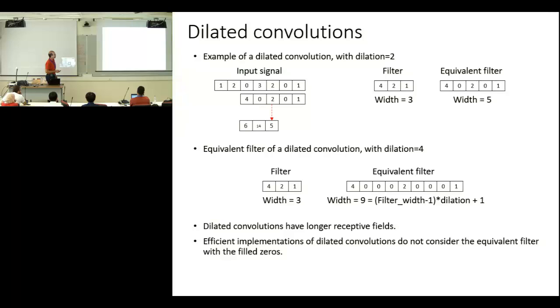In order to have the same effect without doing the unnecessary multiplications, we use a trick which is called dilated convolutions, so that we only multiply this with this, 2 with 1, and sum that without considering the multiplications with 0. So dilated convolutions are a clever way to have filters of larger receptive fields and at the same time to reduce the computational cost.